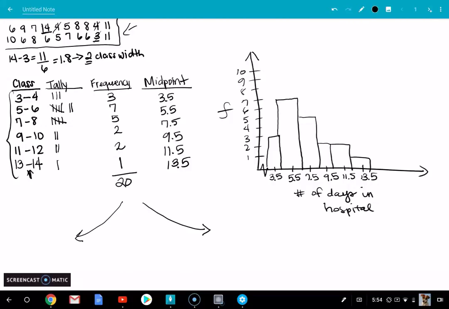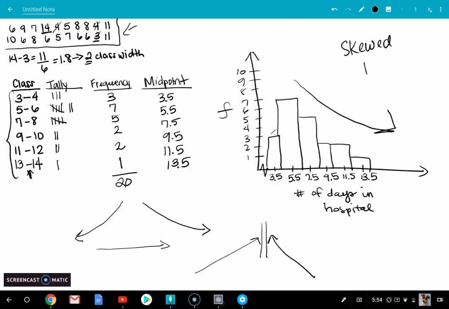Uniform, where they're all straight, all aligned. Or symmetric, which is pretty much mirroring each other, like so. So here it is obvious that even though it starts low right here, it mainly skews to the right. So the answer would be skewed right.